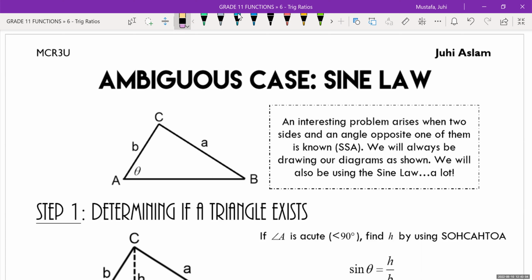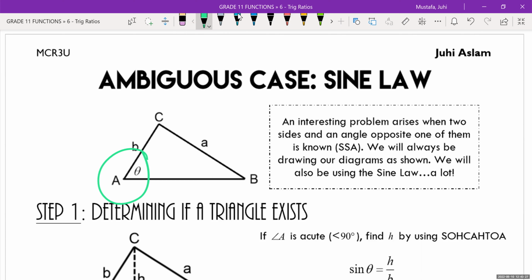So the little blurb says, an interesting problem arises when two sides and an angle opposite one of them is known, so SSA. We will always be drawing our diagrams as shown, and we'll be using the sine law a lot. Whenever we have a situation like this, we are always going to put our angle on the bottom left-hand side, and we're going to call that angle A or whatever it is.